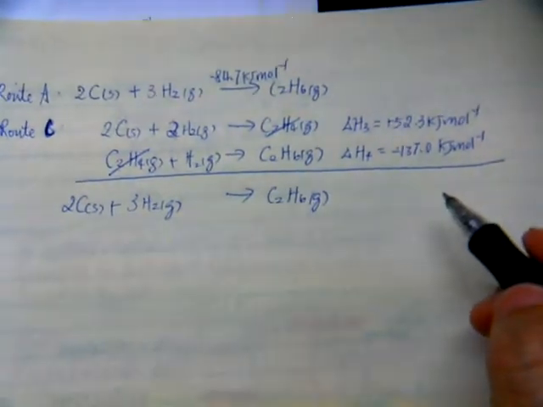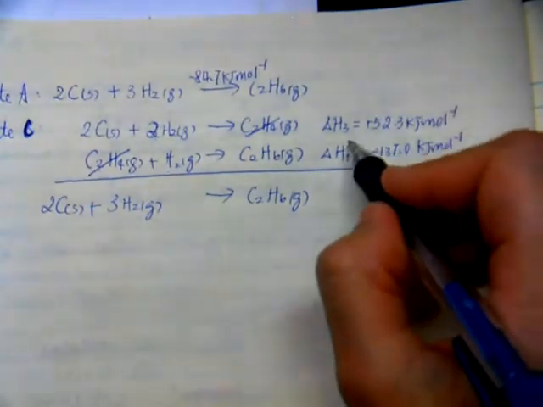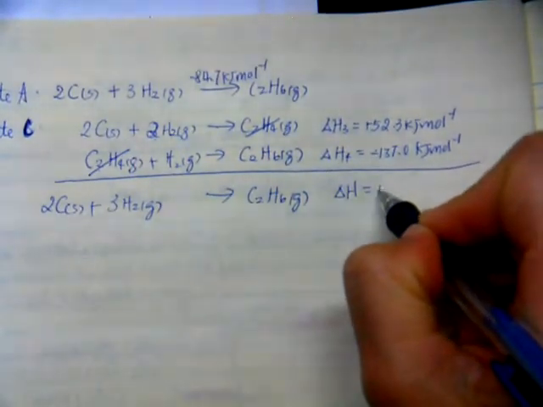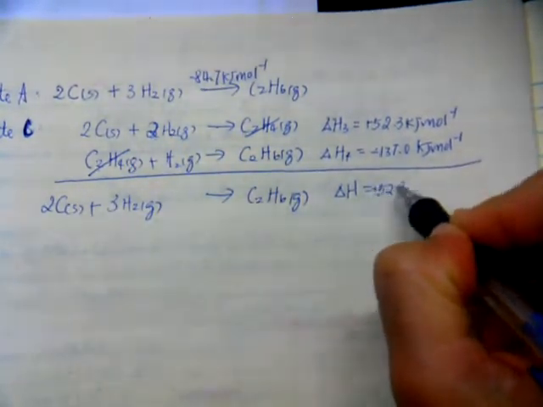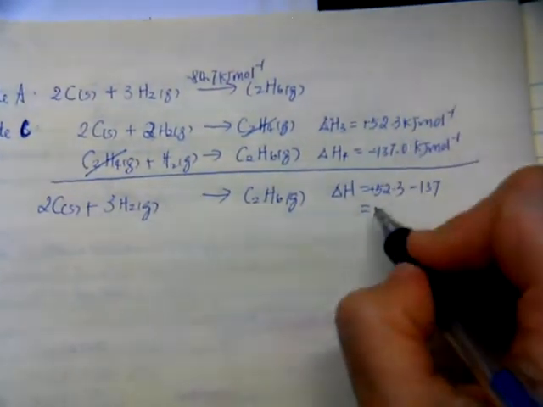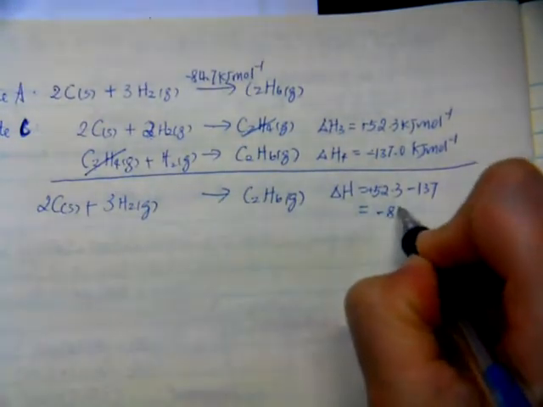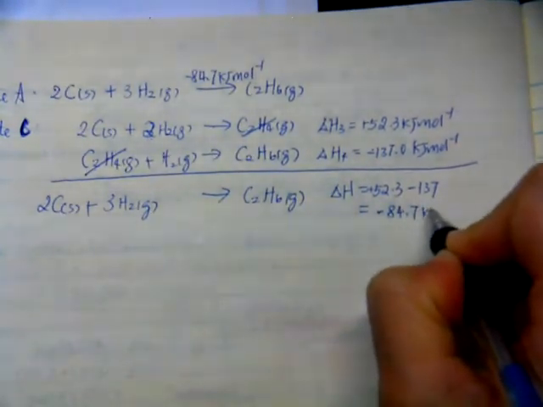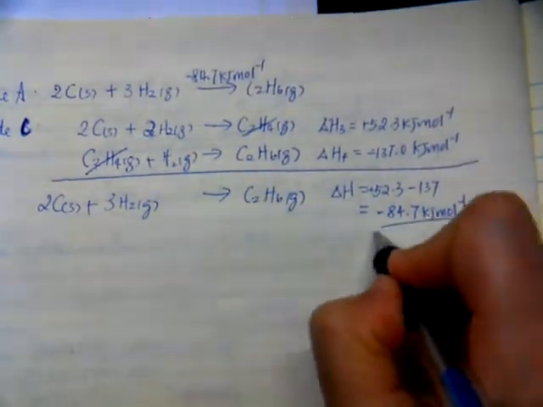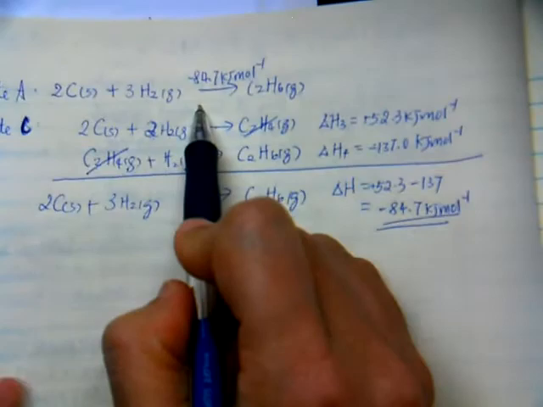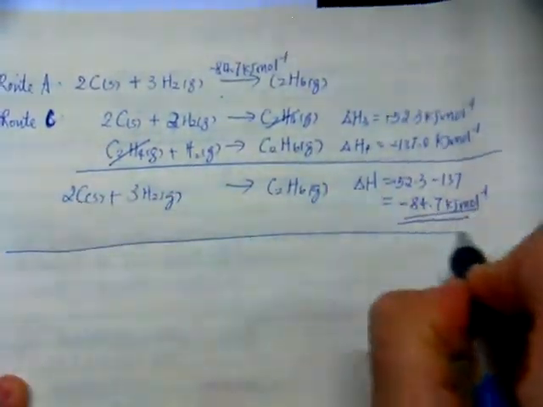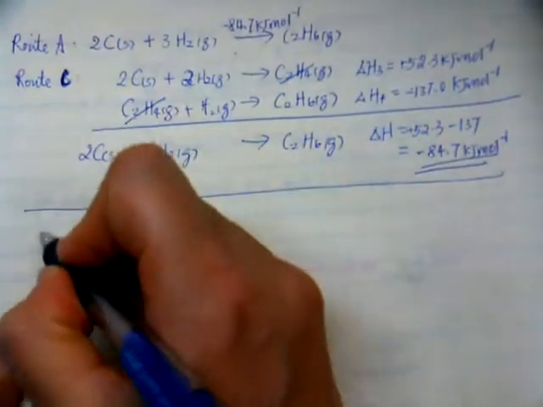In summing up these two equations, also sum up the enthalpy change, which is 52.3 minus 137. Use your calculator. It is equal to 84.7 kilojoule, which is exactly equal to the enthalpy change for route A. Do you understand?